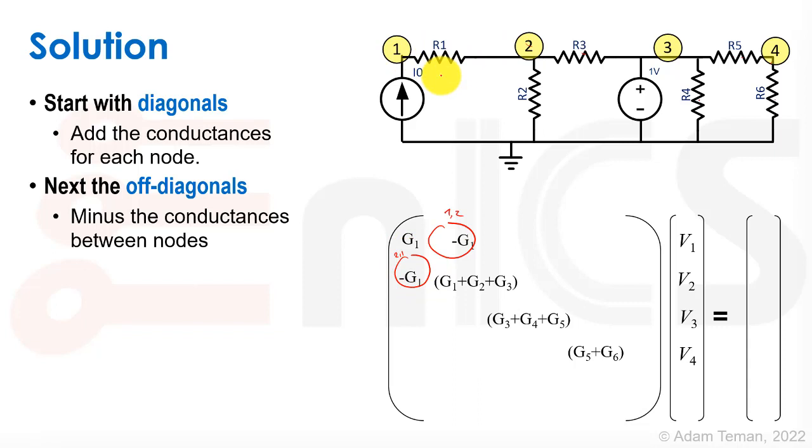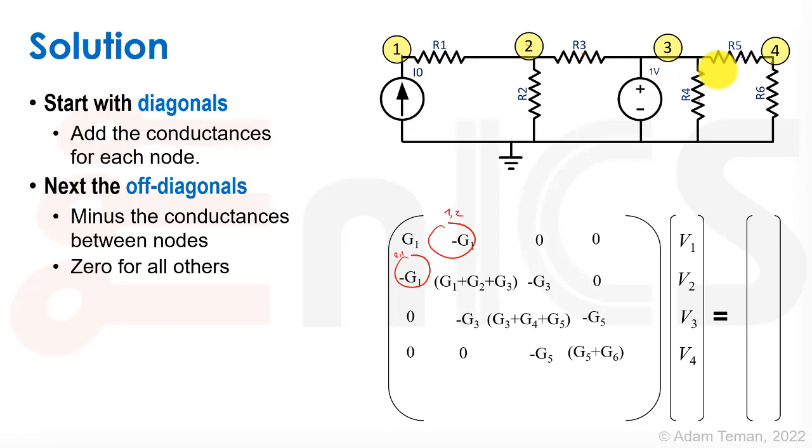Then, 1, 3, we don't have anything. 2, 3, we have R3 between it. 3, 4, we have R5 between it. So we can go and write those. Between 2 and 3, we have minus G3. Between 3 and 4, we have minus G5. And the rest are all zeros.